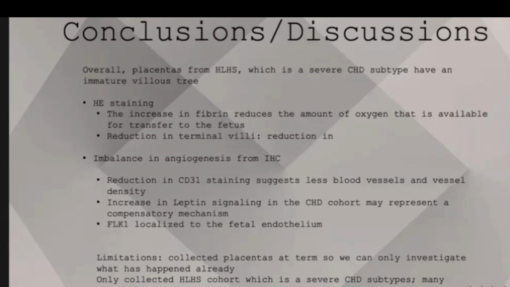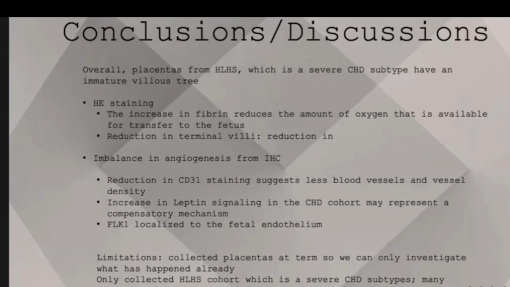And from the IHC of leptin, VEGF receptor 2, and also CD31, there's an imbalance in angiogenesis in the CHD. But we do see that the placenta is trying to compensate for the reduction in oxygen and nutrients.